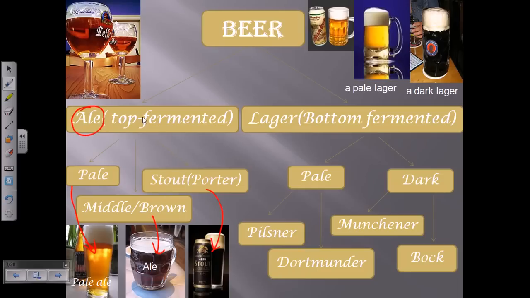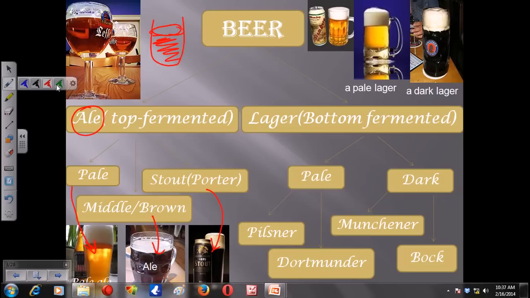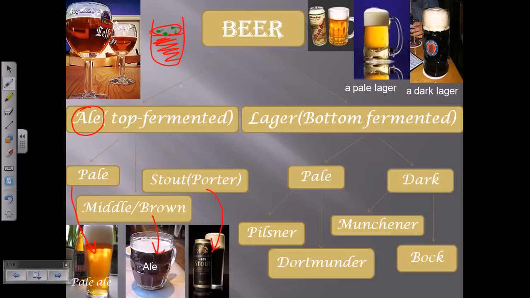Ale means the fermentation of the malt is done in the top region. If this is the chamber of fermentation, filled with malt and water, the fermentation is carried out by the yeast in the top region. But there is another type of beer called lager beer.